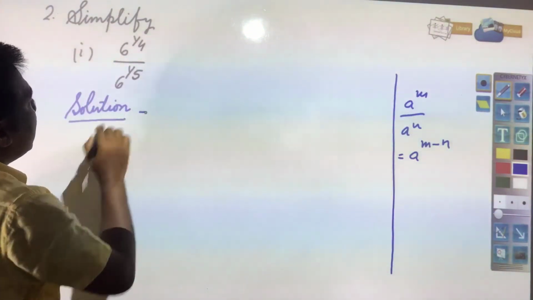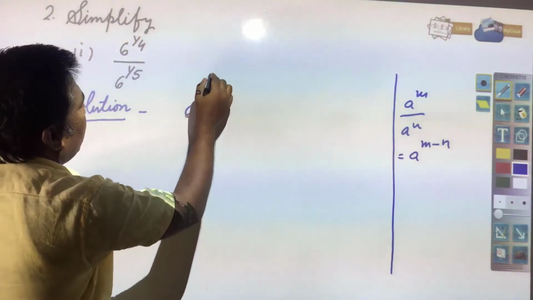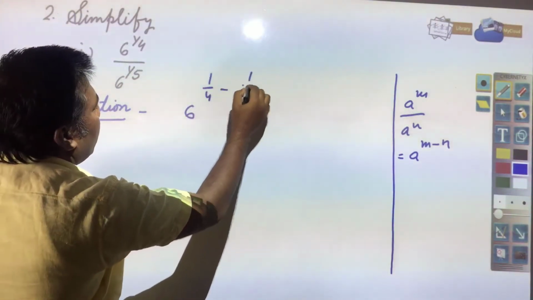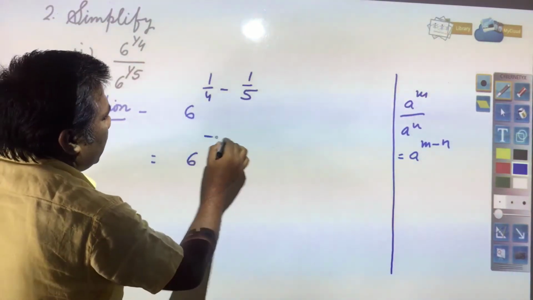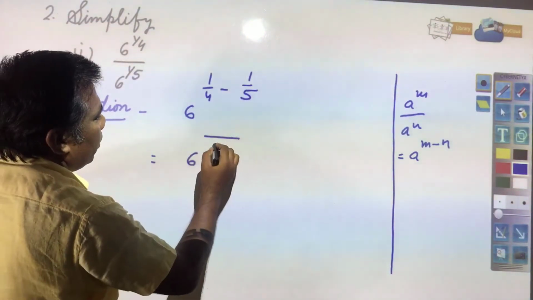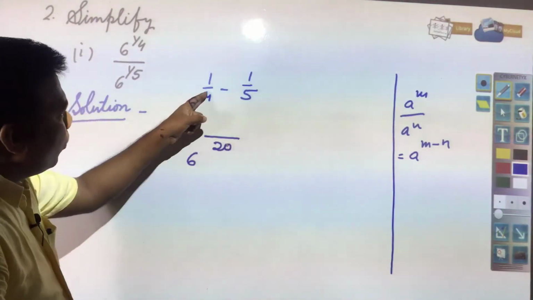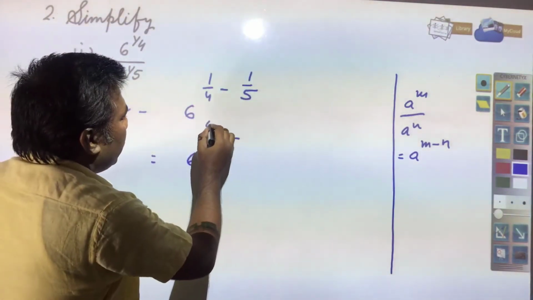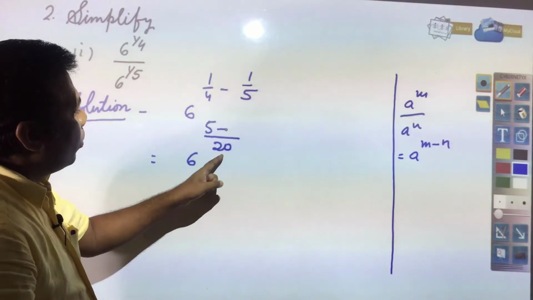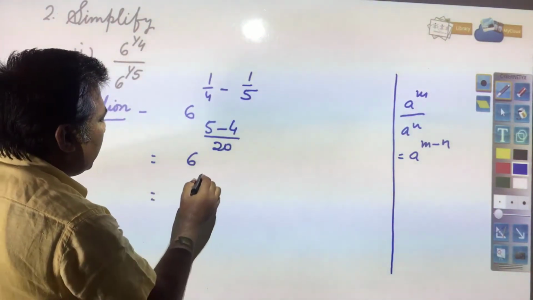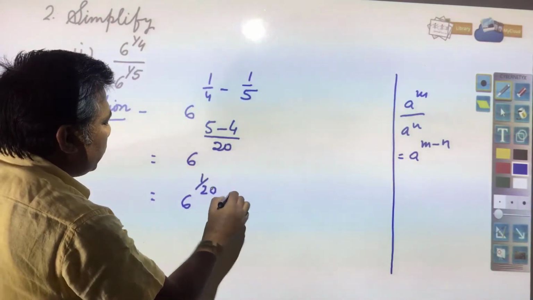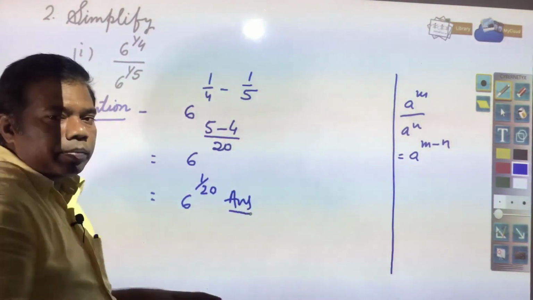Here you see 6 to the power 1 by 4 minus 1 by 5, and this will be 6 to the power, LCM you will have 20, 4 fives are 20 minus 5 fours are 20. So, what you will get? 6 to the power 1 by 20, and this will be your answer.